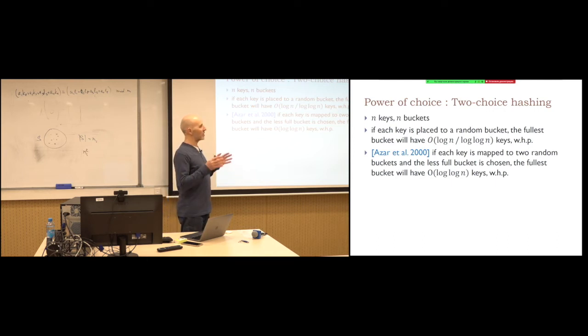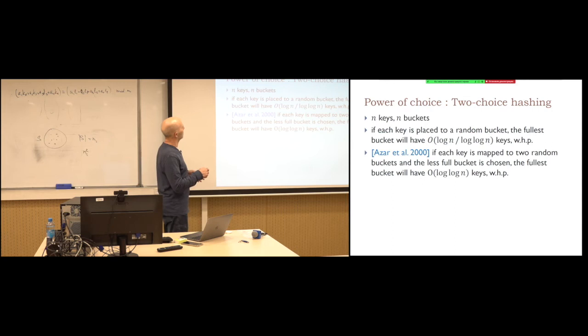Again, we have n keys. We distribute them randomly to n buckets. Since we distribute randomly, some buckets will be empty, some buckets will receive several keys. So the question is, what will be the fullest bucket, the bucket with the maximum number of keys? Probability theory tells us that it will be logarithmic.